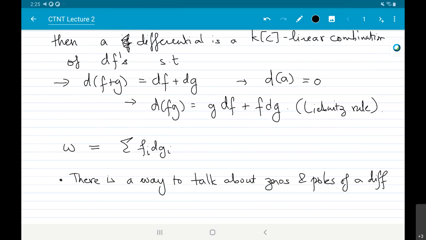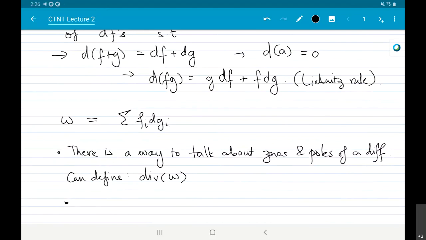And if I have time at the end of this, I'll talk about how you define these. Because you can define zeros and poles, you can define the divisor of omega.